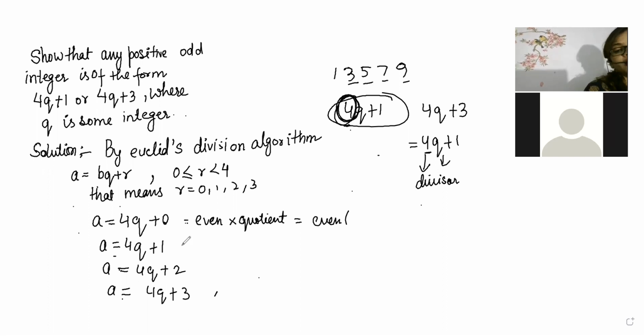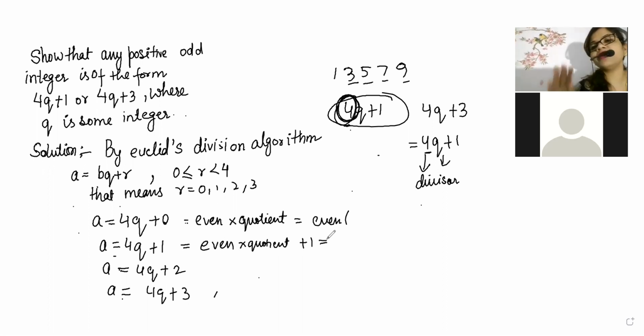Now look here. When an even number is multiplied by the quotient and it is added to 1, so what is q? q is the quotient, and the quotient can be any number. What can the quotient be? It can be any number, beta.